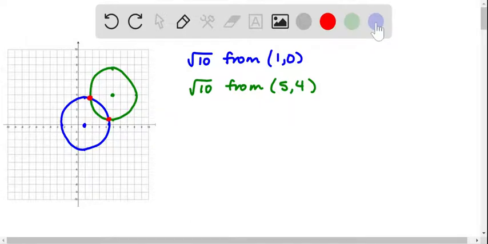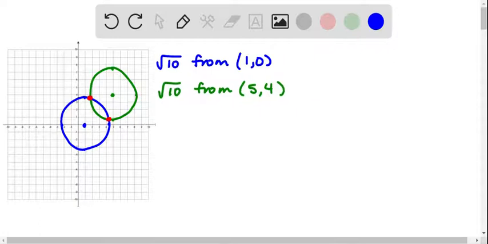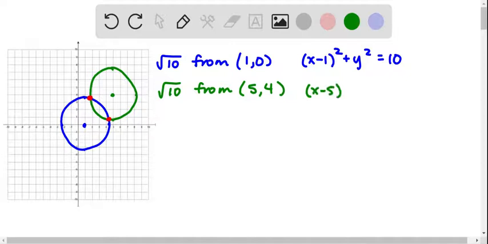Let's write the equation of each circle. So the blue one would have equation (x - 1)^2 + y^2 = 10. And the green one would have equation (x - 5)^2 + (y - 4)^2 = 10. So we want to find the points of intersection of the system.